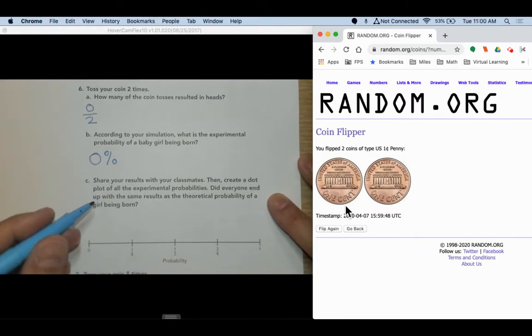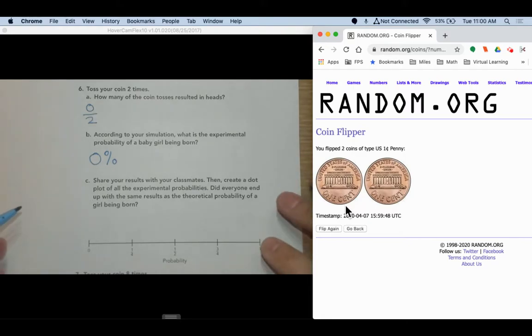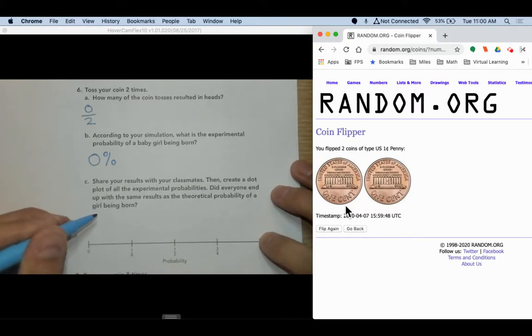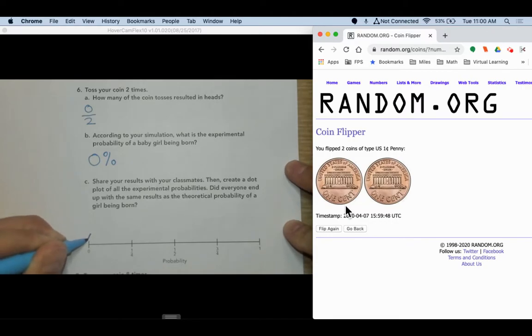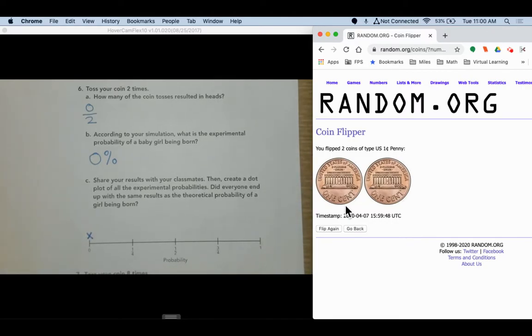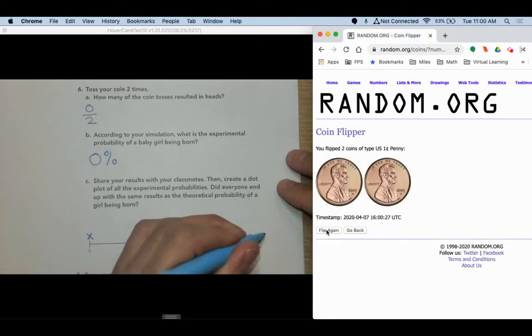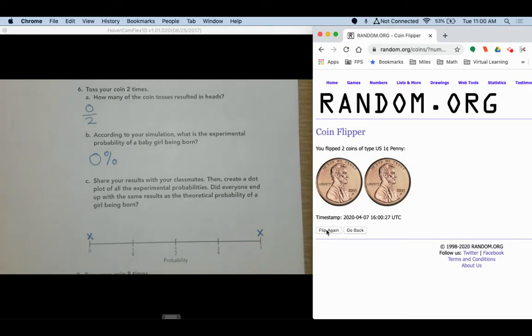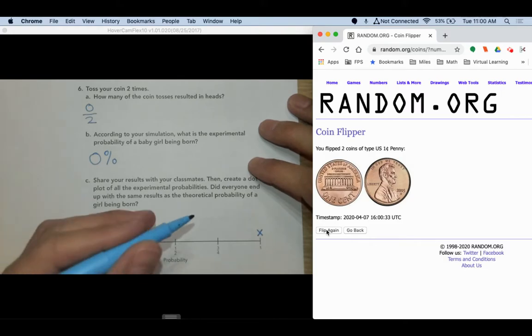Did everyone end up with the same results as the theoretical probability of a girl being born? Okay, so if we do a dot plot of the whole class, we would have 0 for my first group. Then I go around the classroom and move 2 heads, so that's 100% girls. Then a girl and a boy.